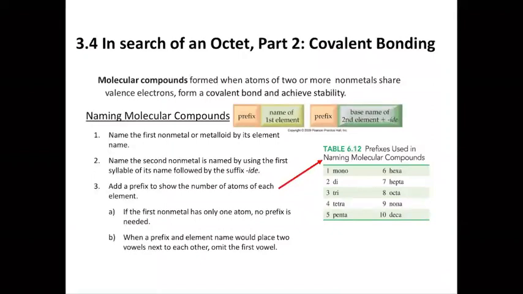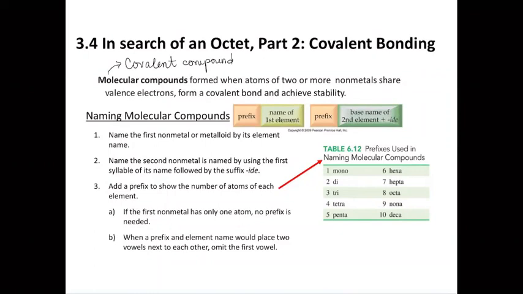Understand that molecular compounds is the same thing as saying a covalent compound. Same thing, okay?